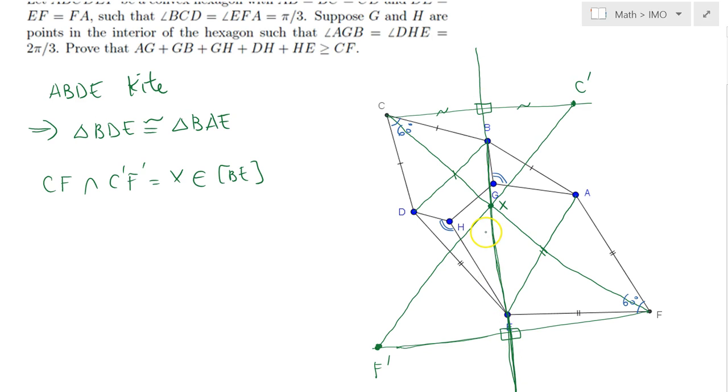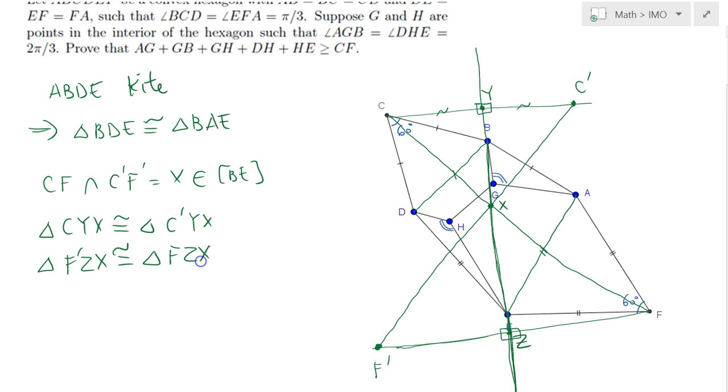The reason is clear. You can think of the axis of symmetry BE like a mirror. On the one end you have the line segment CF, and because we have reflected C across to C prime and F across to F prime, we would have a bunch of congruent triangles. For instance, if I mark this point as Y and this point here as Z, it is obvious that triangle CYX is congruent to triangle C prime YX. In a similar way, triangle F prime ZX is congruent to triangle FZX.